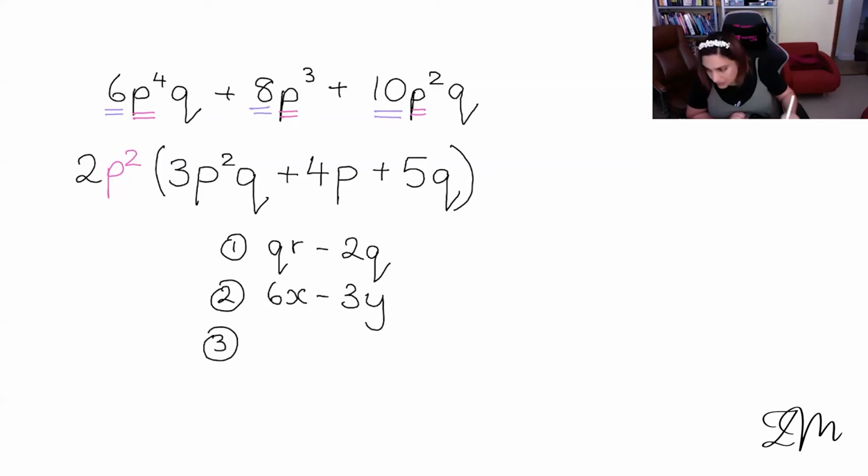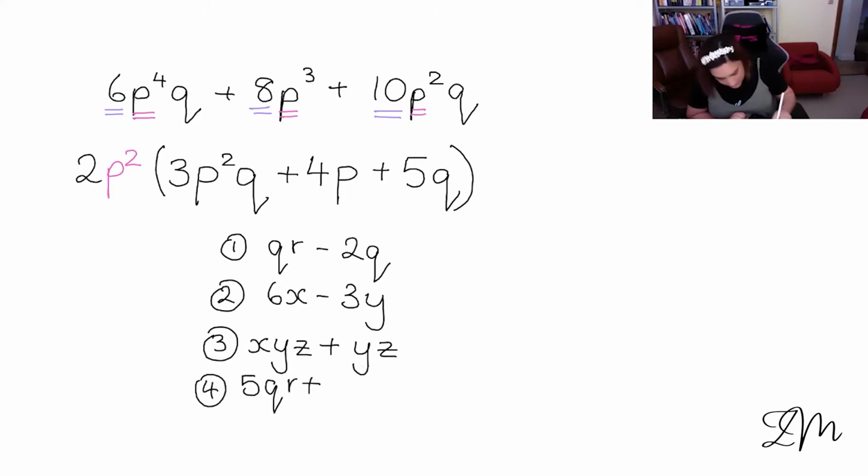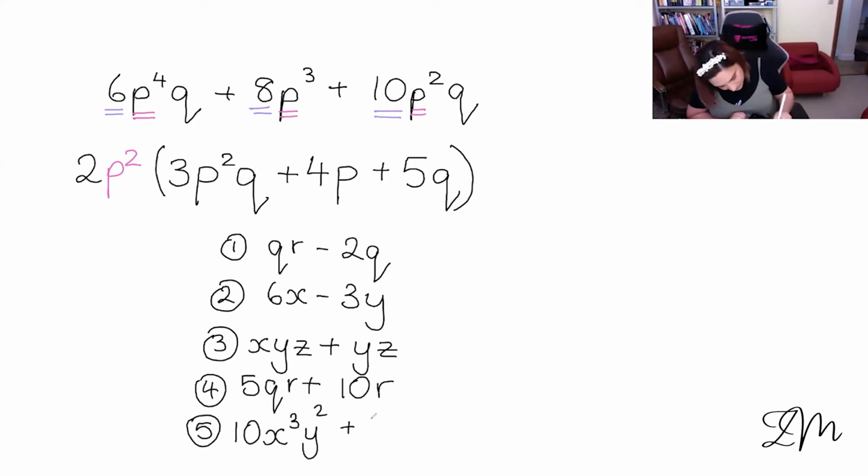The third one, we've got xyz plus yz. The fourth one, got 5qr plus 10r. And the last one, which is a bit trickier, we're going to have 10x cubed y squared plus 5x squared y cubed plus 15x squared y squared.